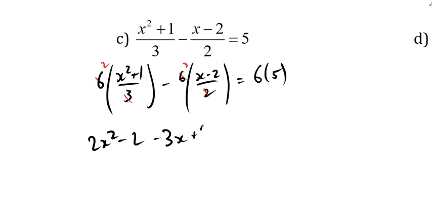So that should be plus 6. So watch that. 2 plus 6 is 8, minus 30 is minus 22. Equals 0.